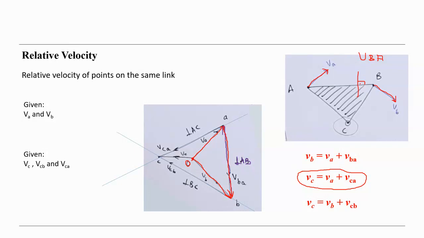VE is known already, direction known and magnitude known. And VC is equal to VA plus VCA, C about the point A. This relative speed must be perpendicular to the line AC. Must be perpendicular to the line AC, and this is the line here. And we draw a line like this here.